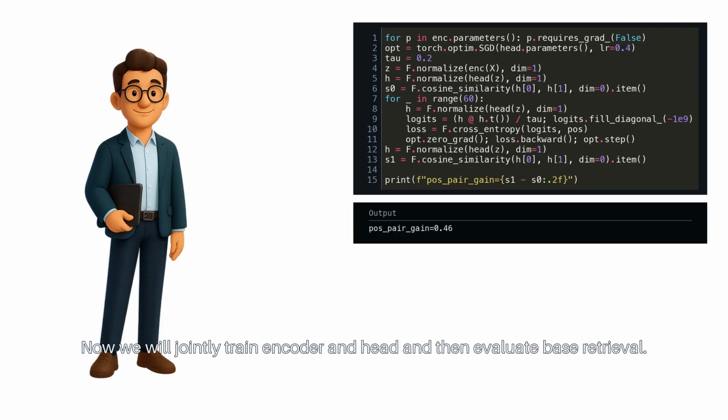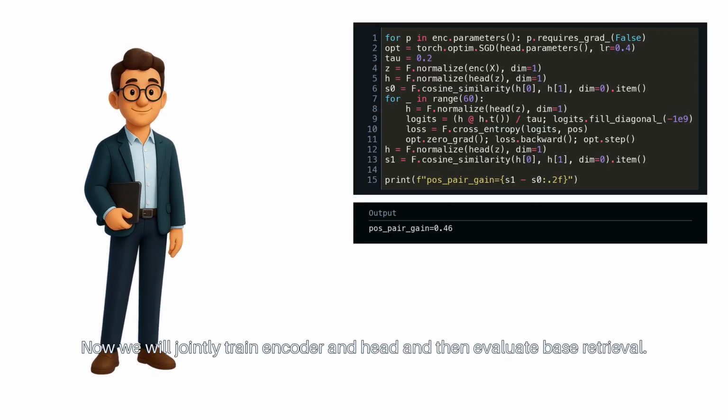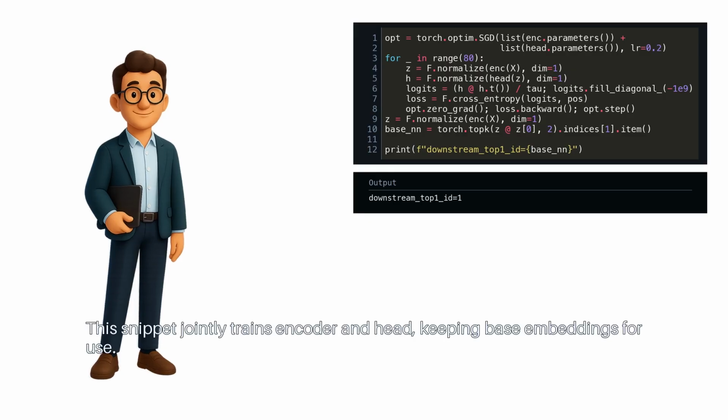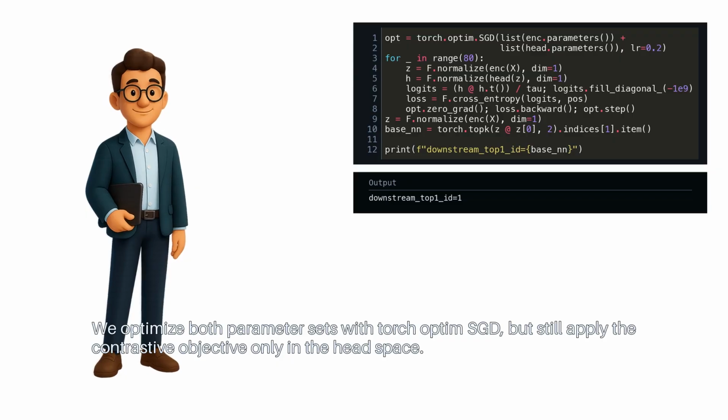Now, we will jointly train encoder and head, and then evaluate base retrieval. This snippet jointly trains encoder and head, keeping base embeddings for use. We optimize both parameter sets with torch.optim.SGD, but still apply the contrastive objective only in the head space.